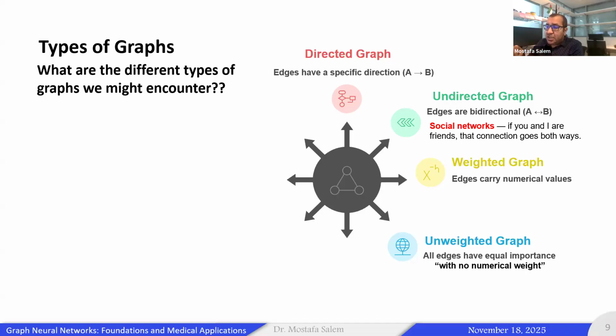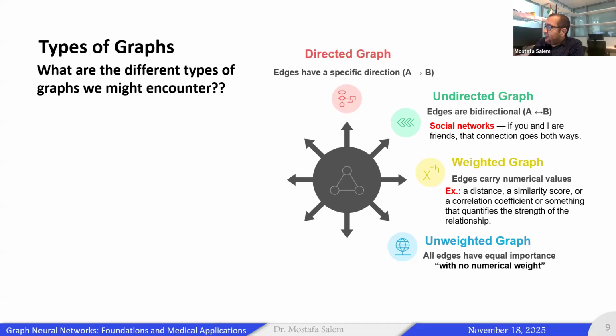Each traffic light will be a node, and the distance or the connection between two traffic lights will be the edge. I can add the distance between these two nodes as edge weight. In this case, I will call it weighted graph.